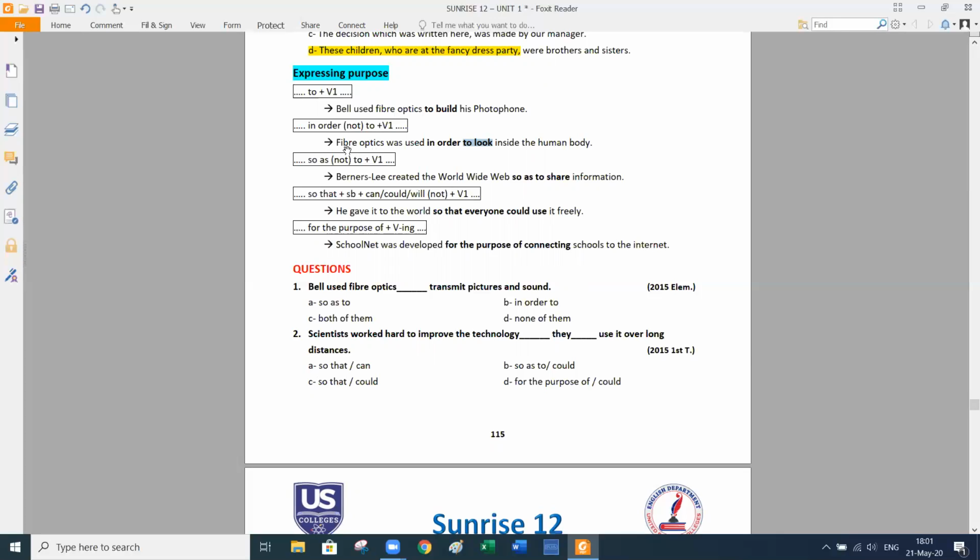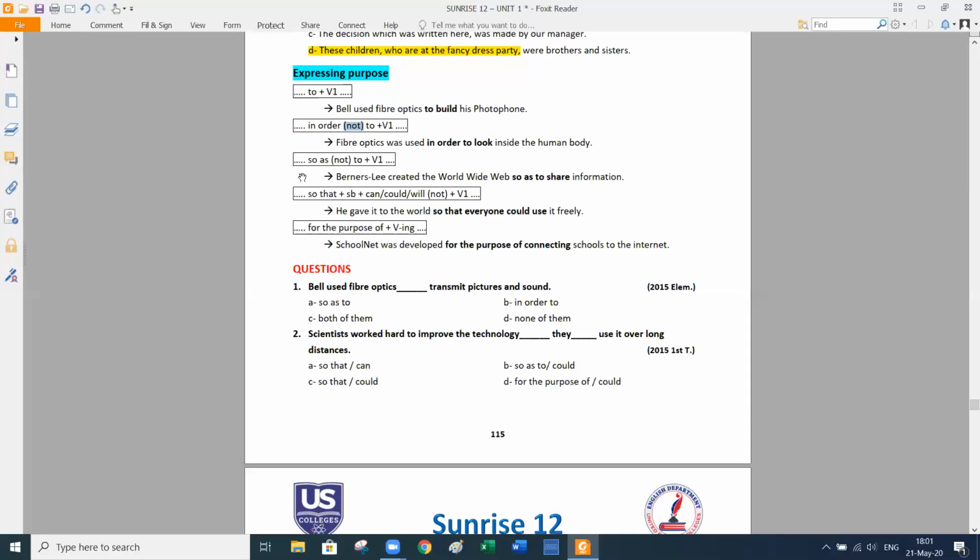And in this sentence, you can say fiber optics was used to look inside the human body. In order to look or just to look, both of them have the same meaning. So the first structure and the second structure have exactly the same meaning. In the second one, we have extra words, in order. And it's also possible to use the negative form in this structure.